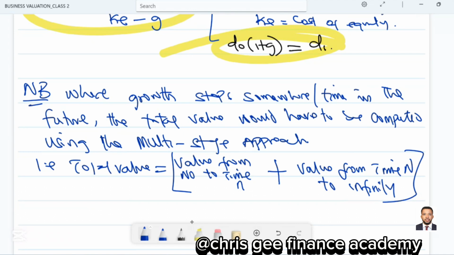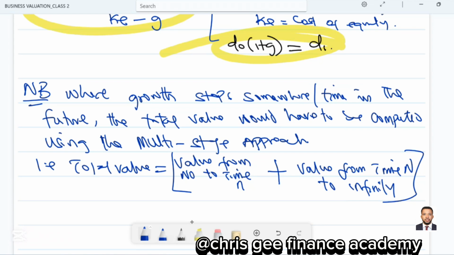All I'm saying here is, remember, if the value of a company is getting the cash flows and discounting them from now till when? To infinity. But there are some questions where they will tell you that the cash flow will grow from now for 4 years at a certain percent, and then from that 4 years to infinity, grow at another percent of growth.